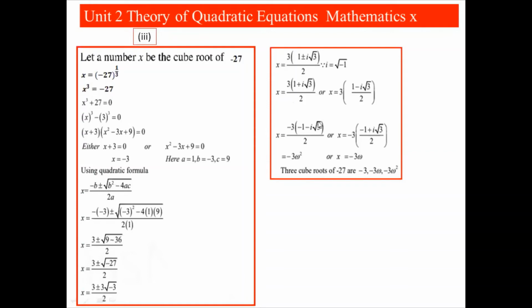This is with negative sign, so in negative sign we take the omega square, and this is with positive sign, so we take this as omega. So minus 3 omega and minus 3 omega square. So the 3 cube roots of minus 27 are minus 3 omega and minus 3 omega square.